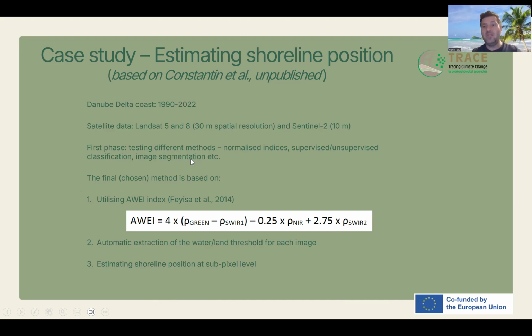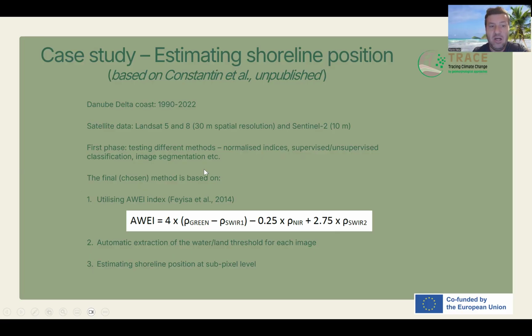When we started this study a couple of years ago, there were 2 phases employed. In the first phase, we tested different methods with some indices, supervised and unsupervised classification, and image segmentation.